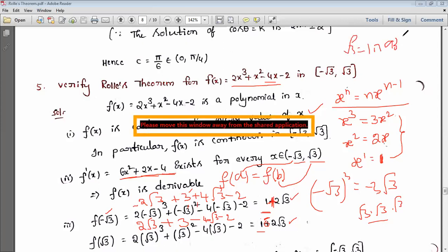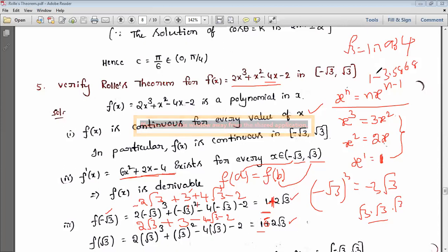This is the value of root 3, and you can multiply this with 2, and I'm getting 3.5868. 1 plus this is 4 point something. And in the same way, 1 minus this one means I'll get minus 2 point something. So are they equal? No.